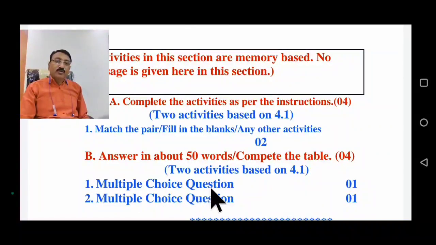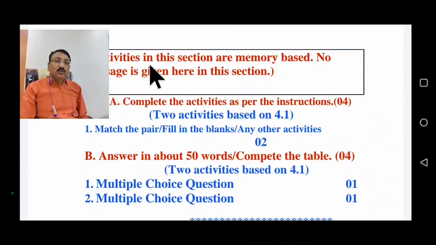Out of these 3 options, the student will have to select one correct answer, and one activity carries 1 mark. So in this sub question, question number 5B, the student will have 2 activities and 3 options will be given. Out of 3 options, the student will have to select one correct option.